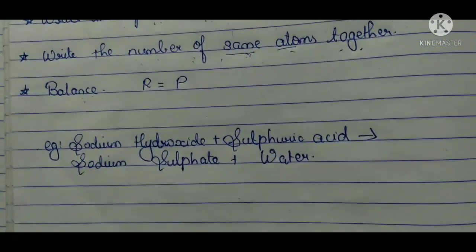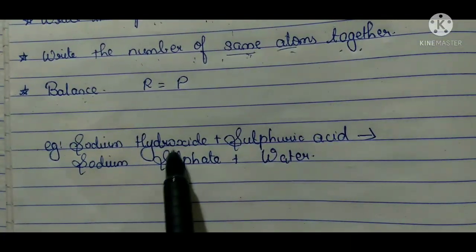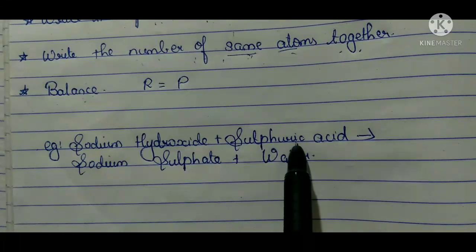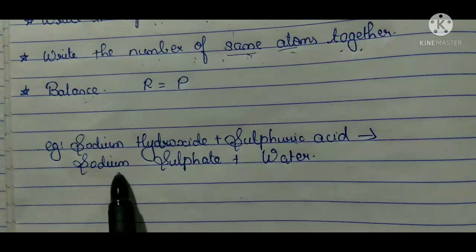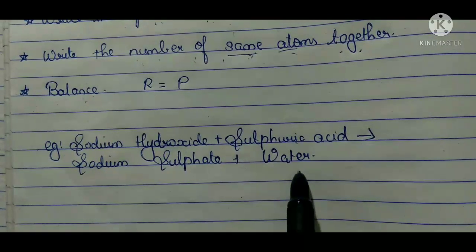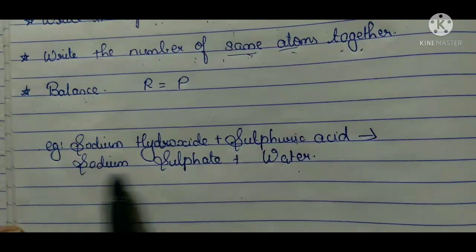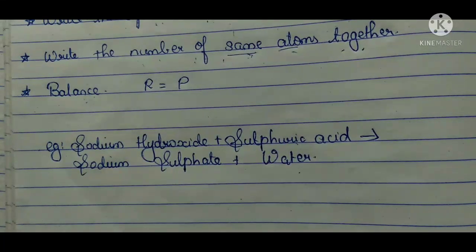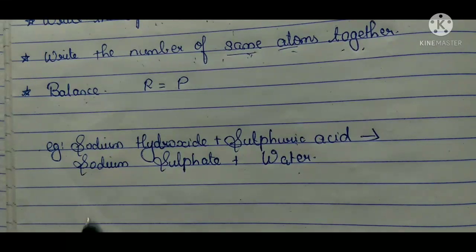What is the example given? Sodium hydroxide is reacting with sulfuric acid, and the products are sodium sulfate and water. To write the molecular formula, obviously you have to learn the molecular formulas first. Make sure you know all the symbols and molecular formulas.